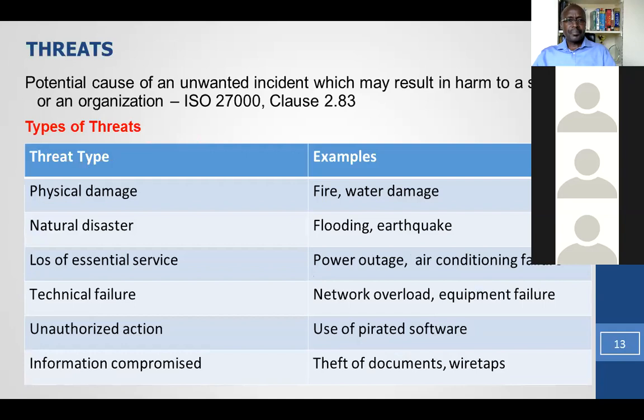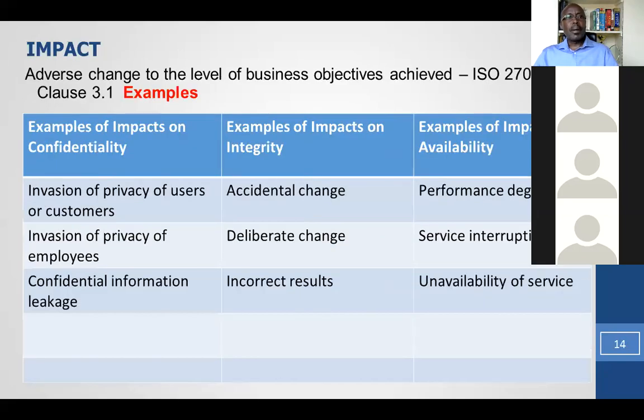Then there are threats. These are potential causes of unwanted incidents, which may result in harm to a system or an organization. So threats, physical damage, examples would be fire, water damage, natural disasters like flooding and earthquake. So impact is the adverse change to the level of business objectives. And these would be defined in ISO 27005, which is a standard that deals with IT risk management.